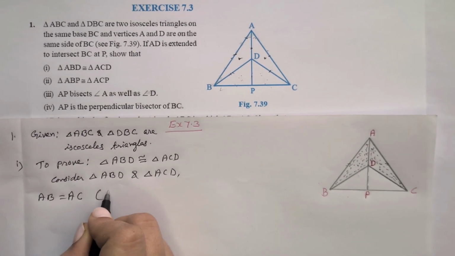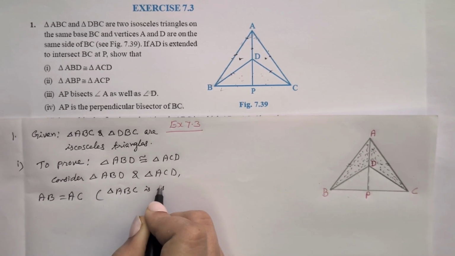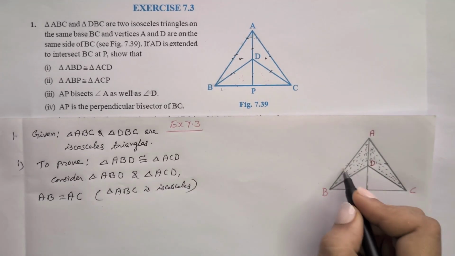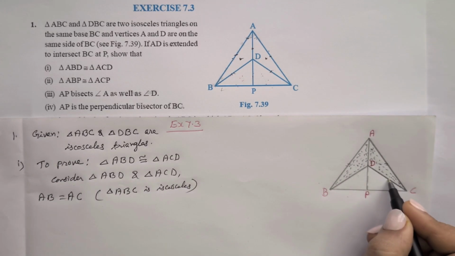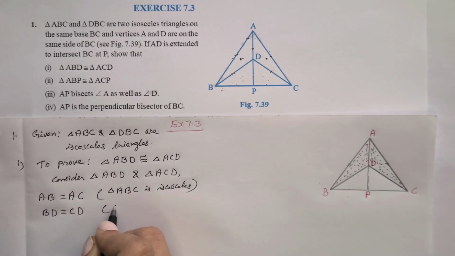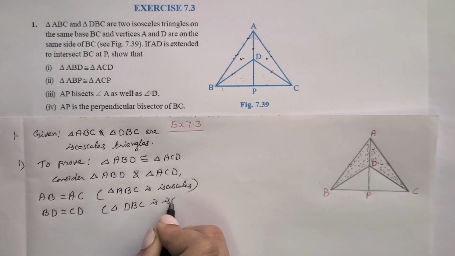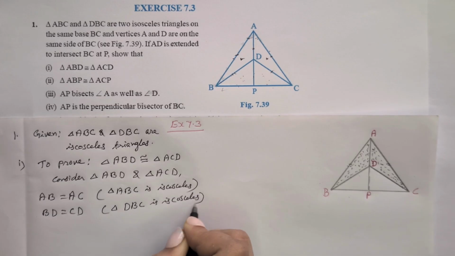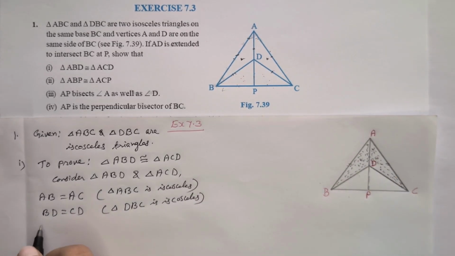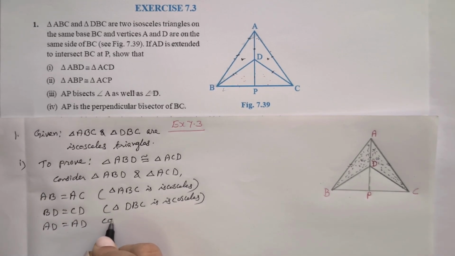Reason is triangle ABC is isosceles, so these two sides are equal. Same way BD is equal to CD. Reason triangle DBC is isosceles. Now this AD is common for both the triangles. So AD is equal to AD, that is the common side.